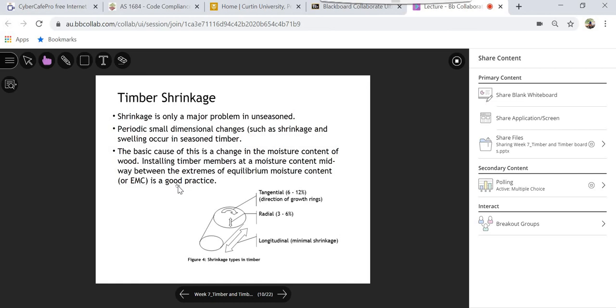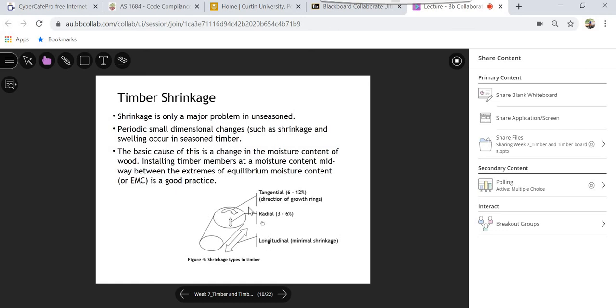To minimize both, what we typically do is install timber at a moisture content midway between the extremes. For example, if the highest moisture content in a certain area is 20 and the lowest is 10, considering annual variation, it's better to install it around 15, so that we have an optimum solution for both shrinkage and swelling.